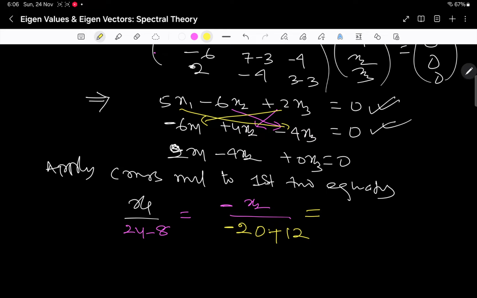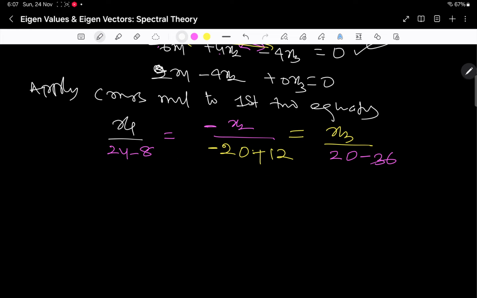Then the last one will be x3 divided by: 5 times 4 is 20, minus, plus again minus 6 times 6 is 36. So this implies x1 by 16 is equal to minus x2 by 8, which is equal to x3 by minus 16.